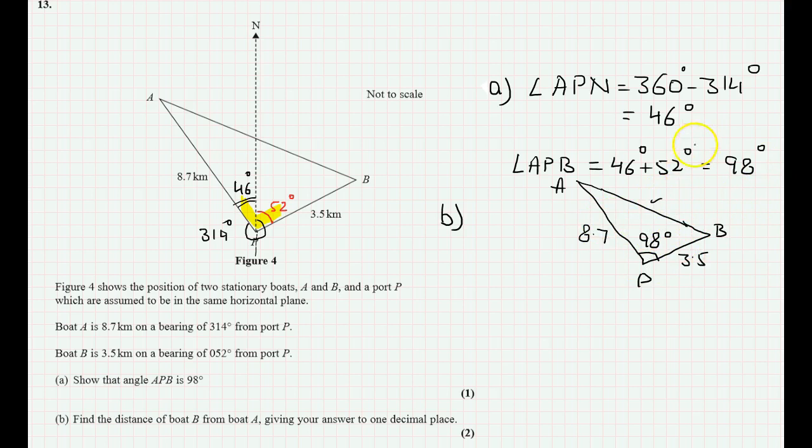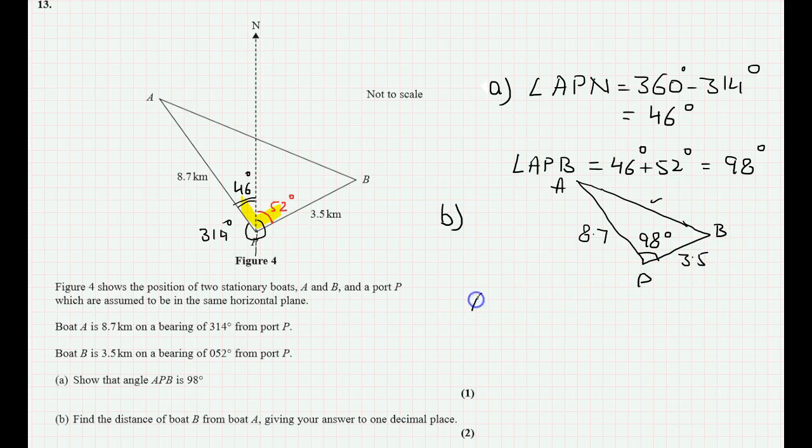If we use the sine formula, we are not going to get it because we don't know these angles. We know one angle and two sides, so we can use the cosine formula.